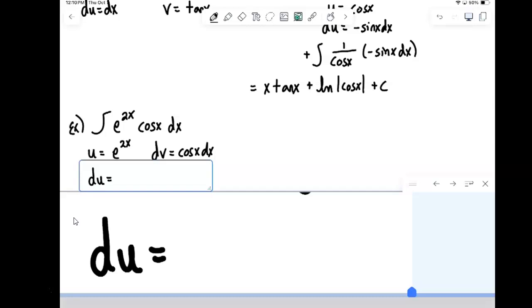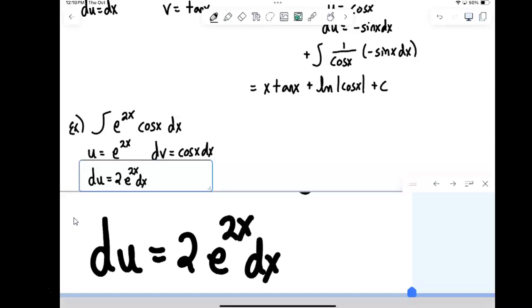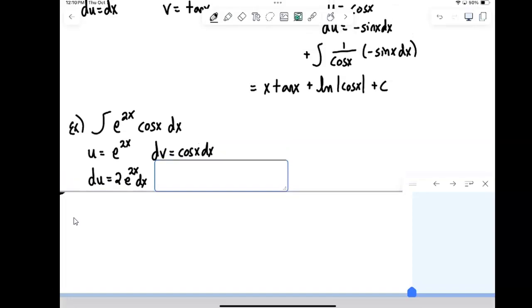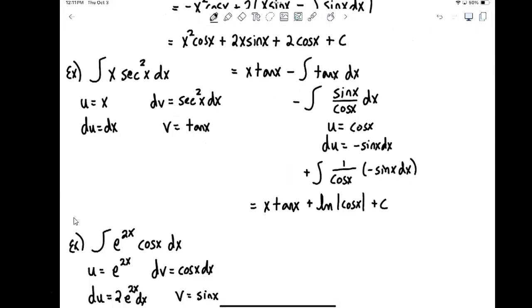Derivative of e is itself, times the derivative of the 2x, so that would be 2e to the 2x dx. And then we integrate dv, and the integral of cosine is just simply sine, right?